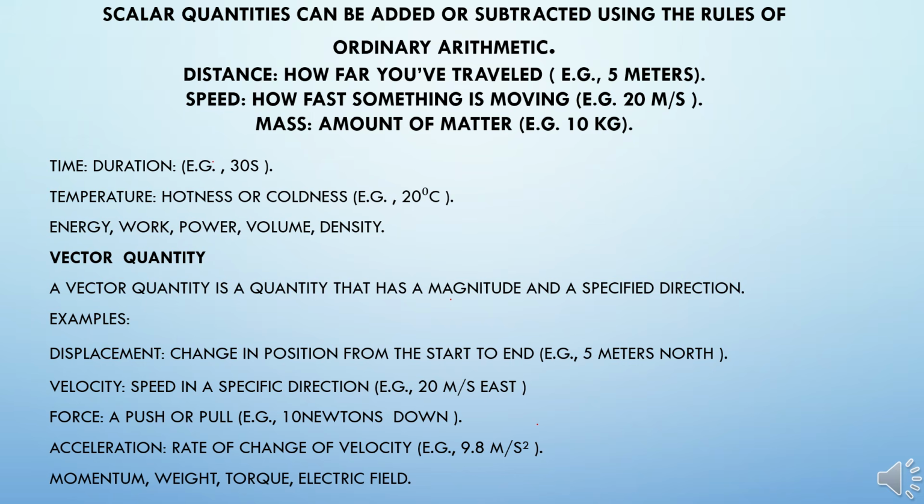Examples of vector quantities are displacement. Now, displacement is change in position from the start to end. Displacement is far different from distance, and in our next slides, we will talk about the differences between the two.